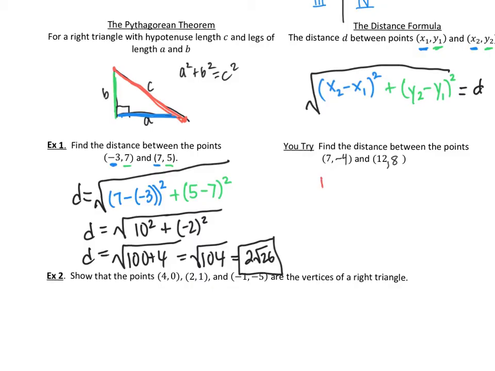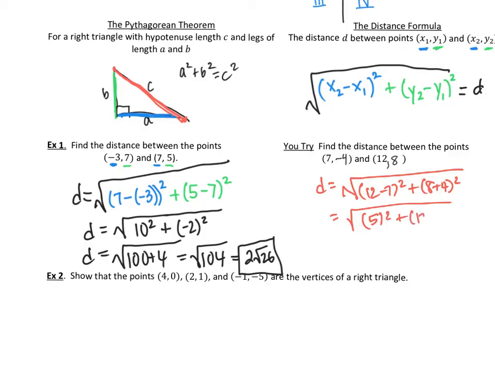I'll do that real quick for those of you who would like to see it. And the square root of 169 is rational, which means the distance is just 13.